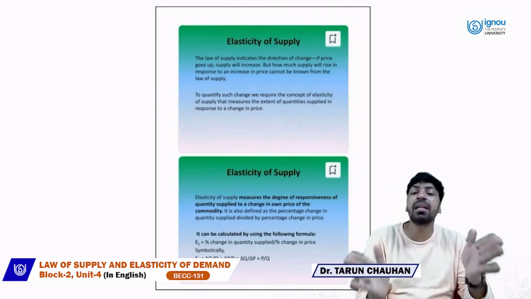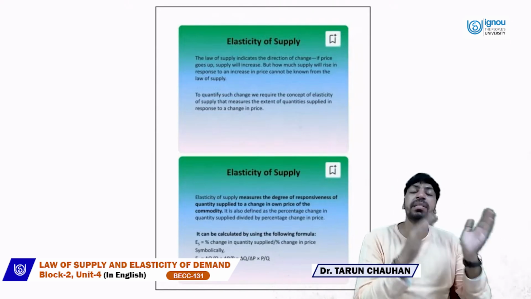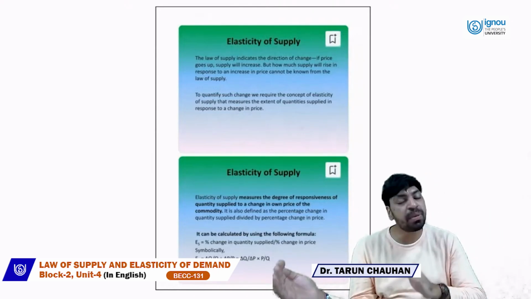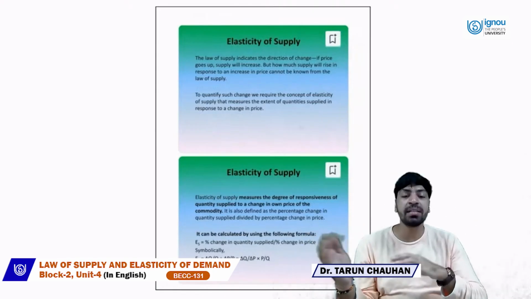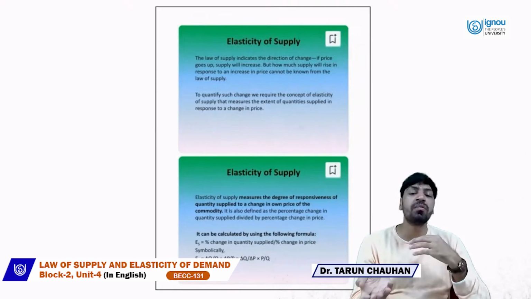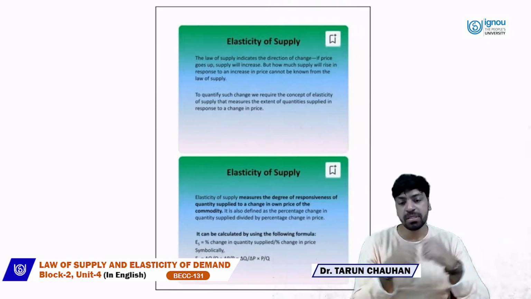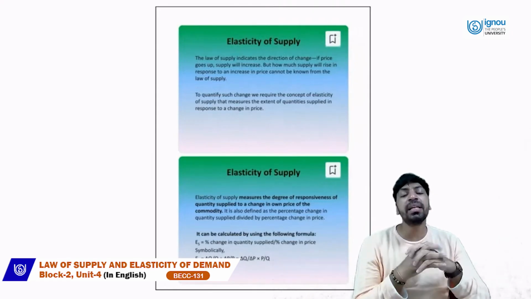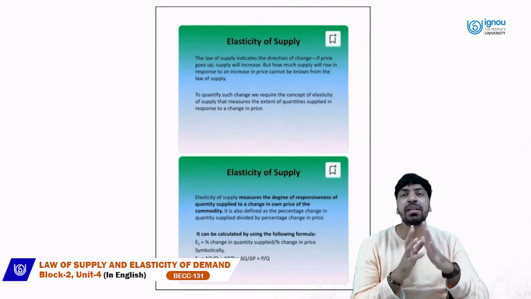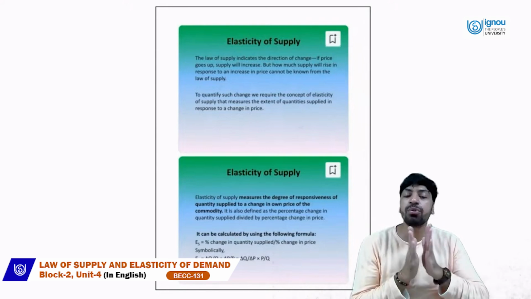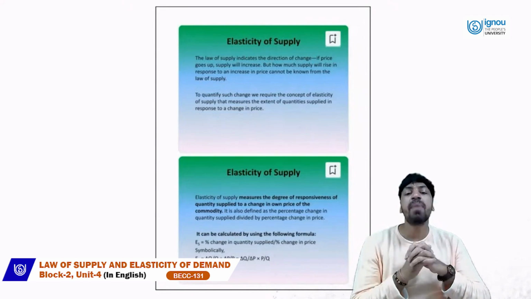So this is the mathematical equation: percentage change in quantity supplied divided by percentage change in price. Just express the same in words. That's called elasticity of supply. So mathematically, that is delta Q. Delta Q means Q2 minus Q1 divided by Q.